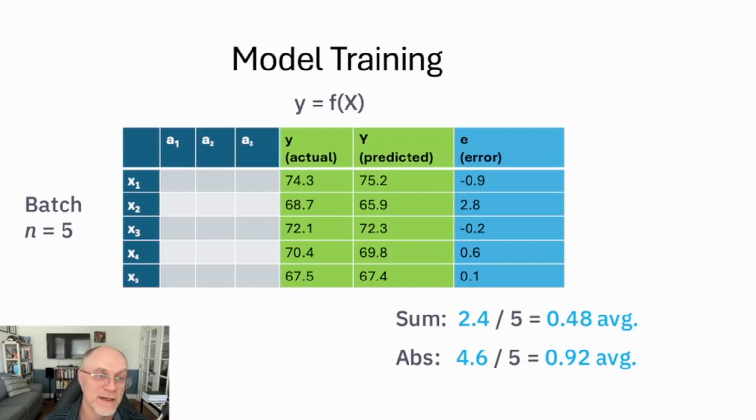If you take the absolute value and add all those up, now you've actually got 4.6. Even though when you initially look at these numbers they look pretty small, you can see we really underrepresented the error, because the average almost doubled to our average error per prediction when we take the absolute value. So that's an important concept to remember.